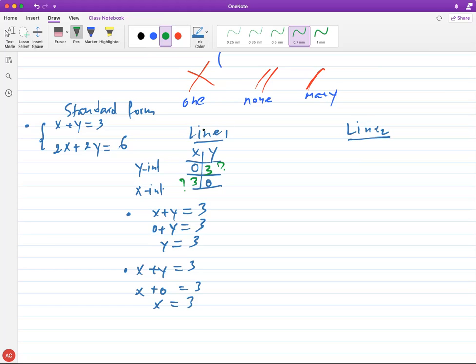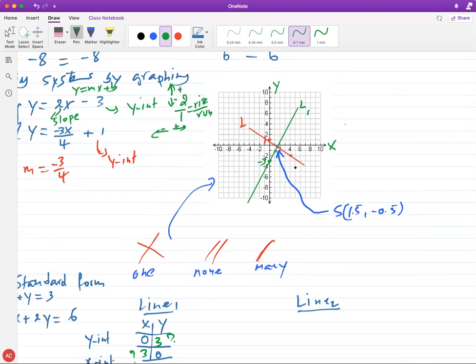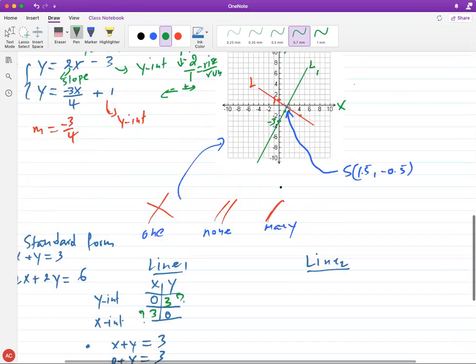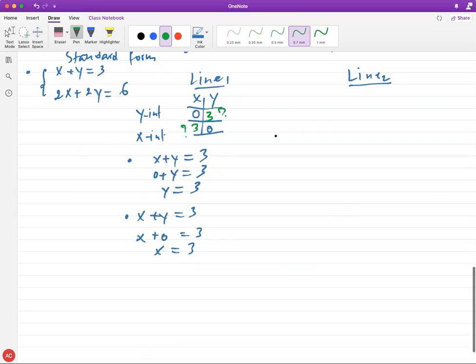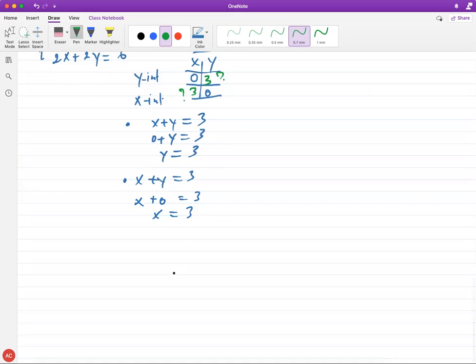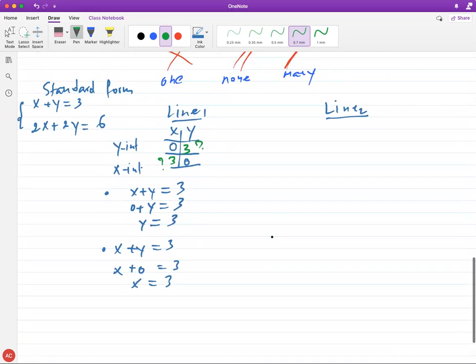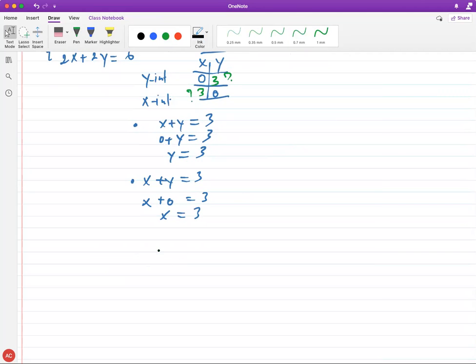Now, with this information, we're able to graph this line. We're going to repeat the exact same steps with line 2. Once we graph both, we see how they end up on the graph. So let me put this in a graph now. Let's put line 1 in the graph and then do the same thing for the other one.